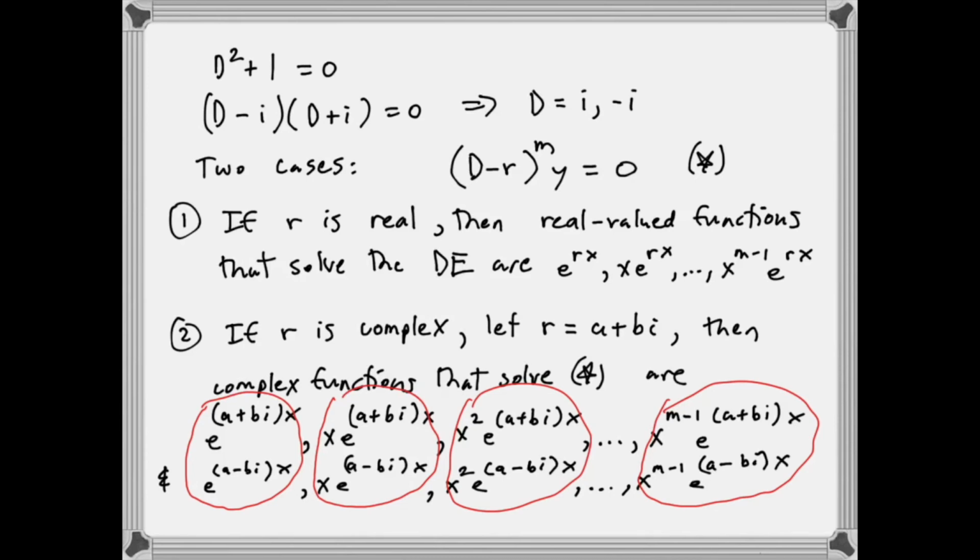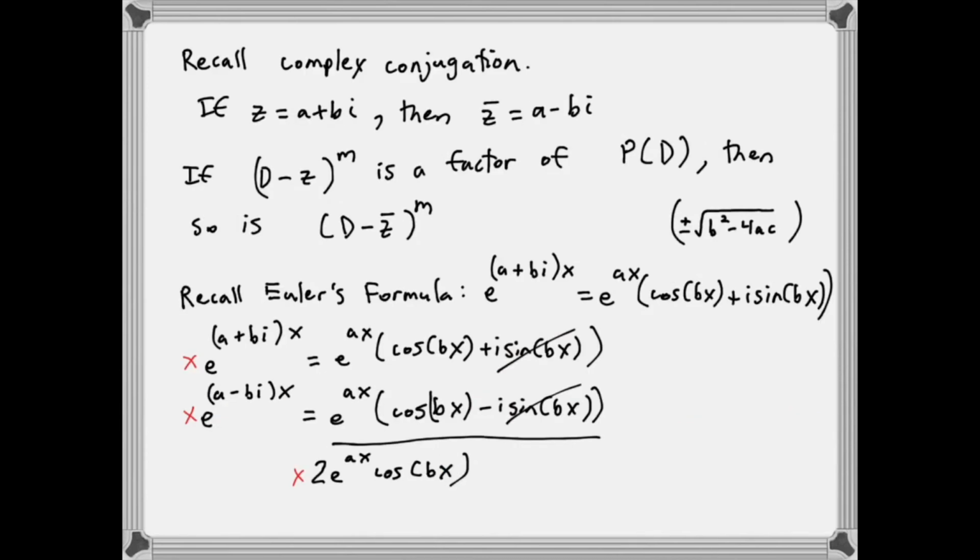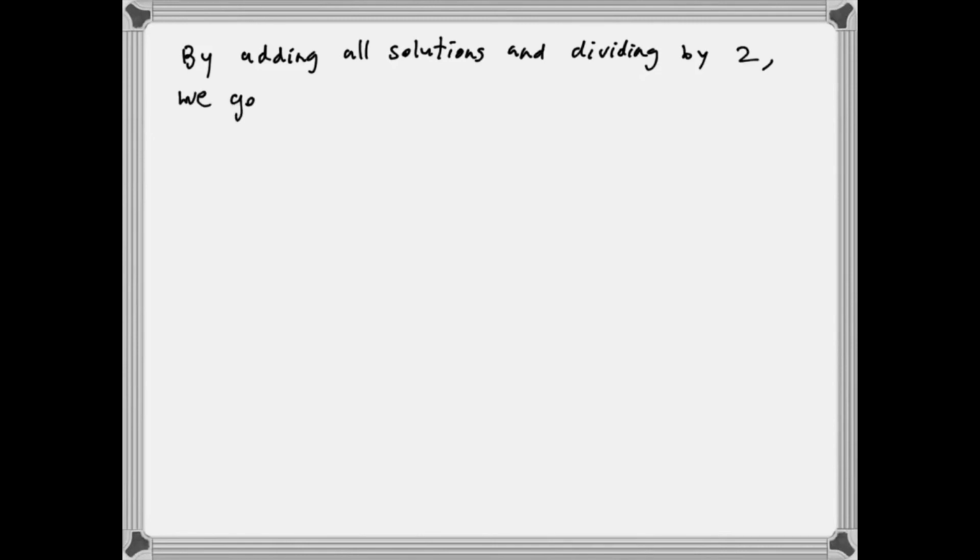If we do that, we end up with the following. So by adding all solutions and dividing by 2, we get the following.